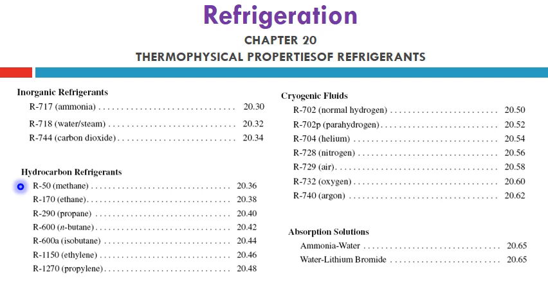R50 is methane, R170 ethane, R290 propane, R600 n-butane, R600A isobutane, R1150 ethylene, and R1270 propylene.